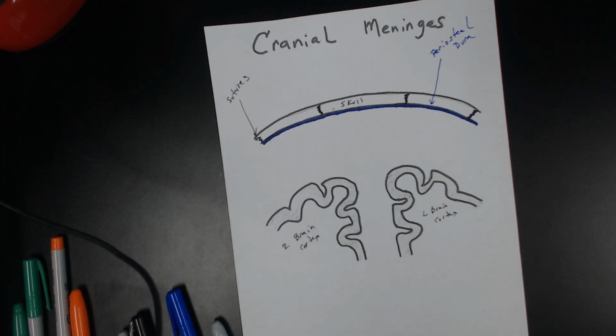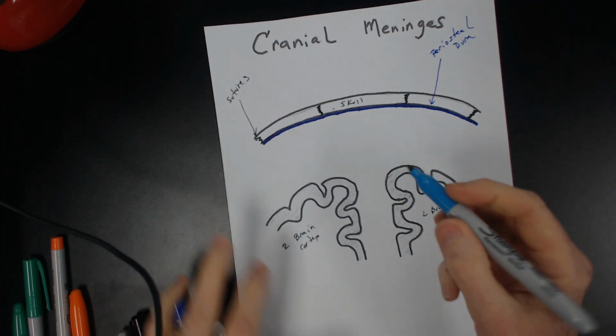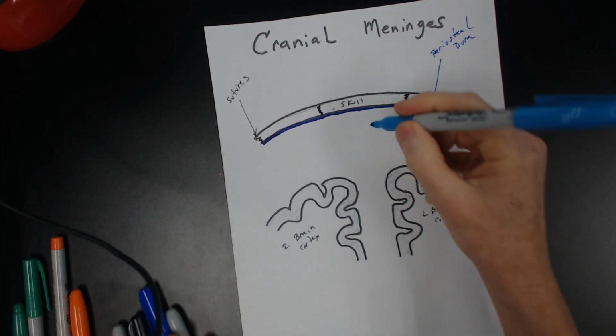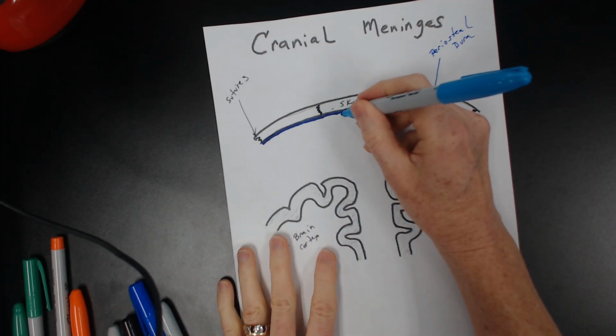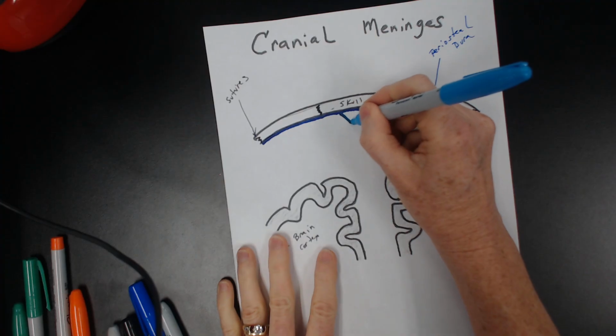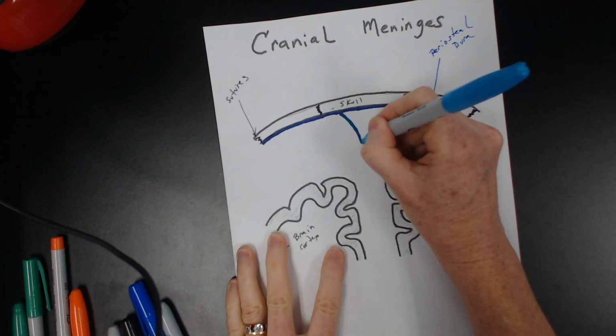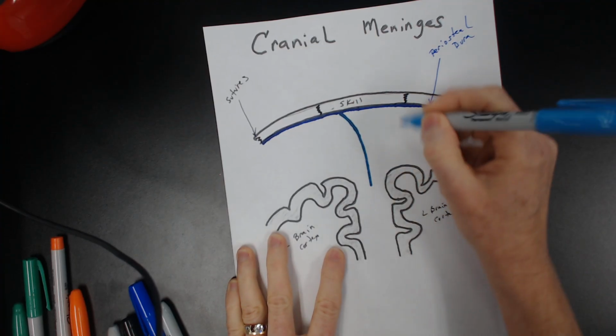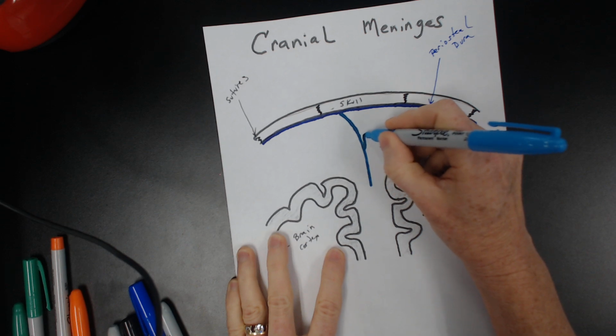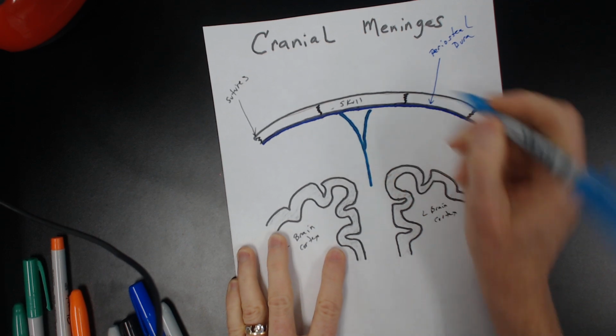Just under the periosteal layer, we have another layer of dura, and this dural layer is known as your meningeal dura. Think of it as a triangle. That's where the invagination of the dura mater that forms the falx cerebri comes in, right there.